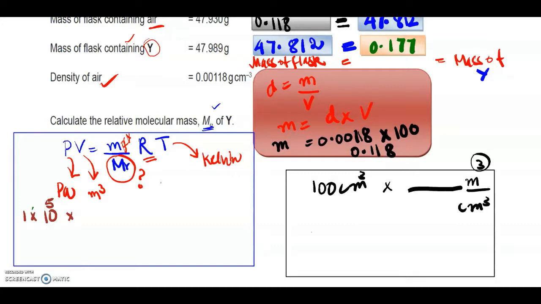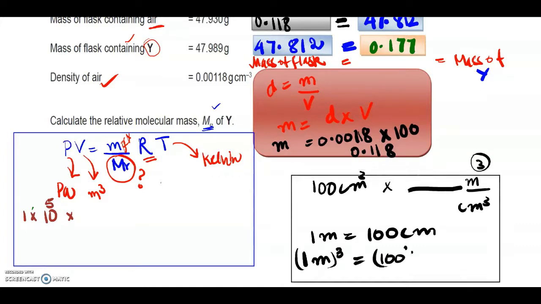Now as you know, 1 meter is equal to 100 centimeter. Taking the cube on both sides, you will get 1 meter cube equals 10^6 centimeter cube.